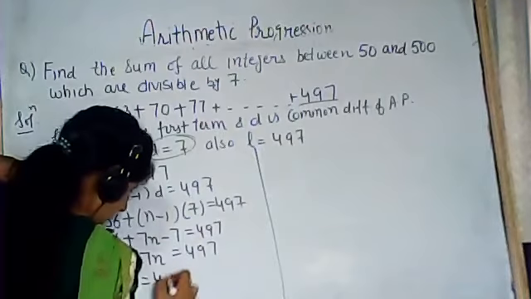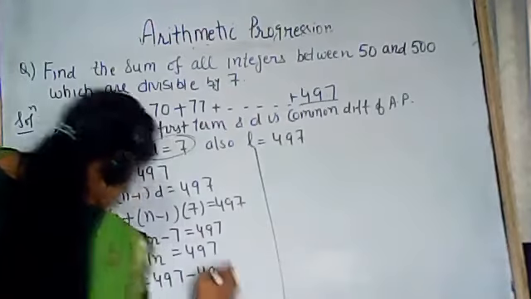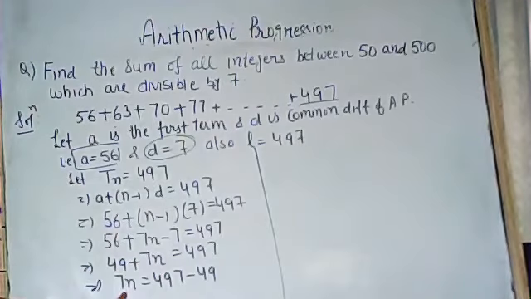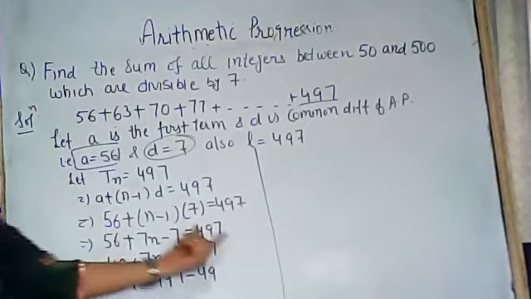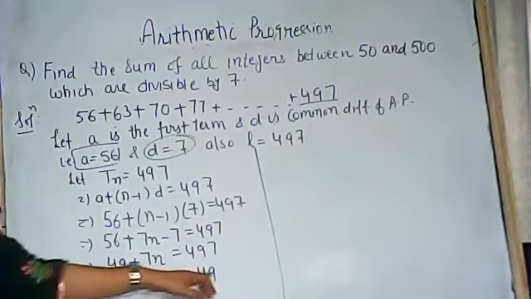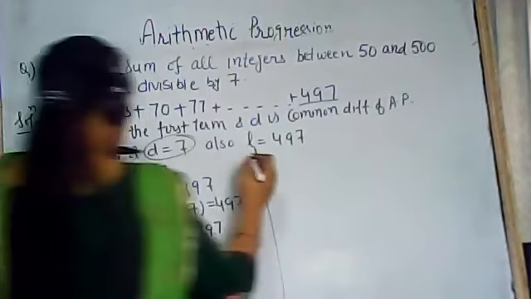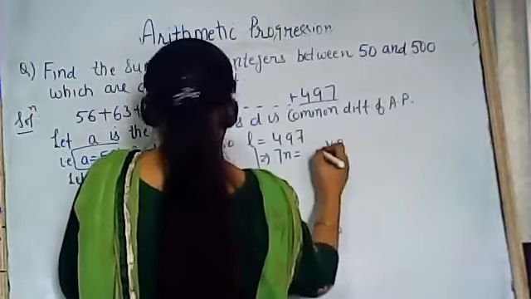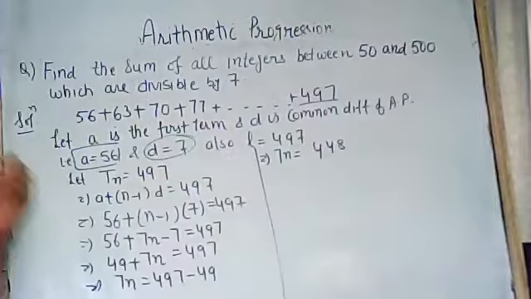Now simplify. Take the constant term to the right hand side. Since we want to calculate the value of n, keep this term on the left hand side and take this constant number to the right hand side. 497 minus 49 will be equal to 448.